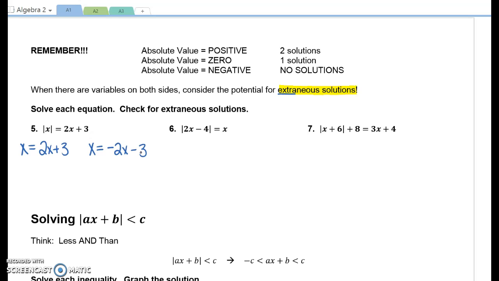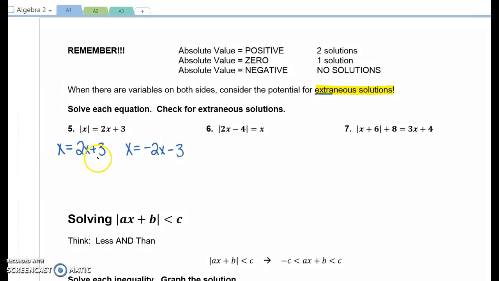Okay, take a moment, solve both of those equations. Notice there's x's on both sides, so if you're tempted to subtract 3 on both sides, that's not the step that I would take.